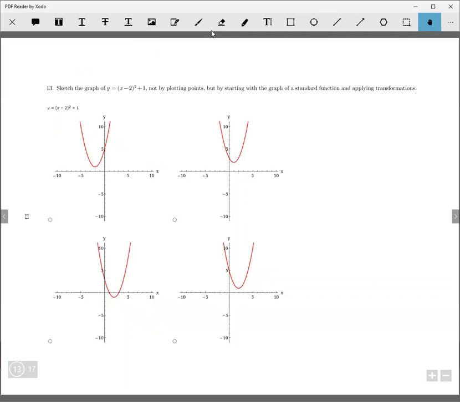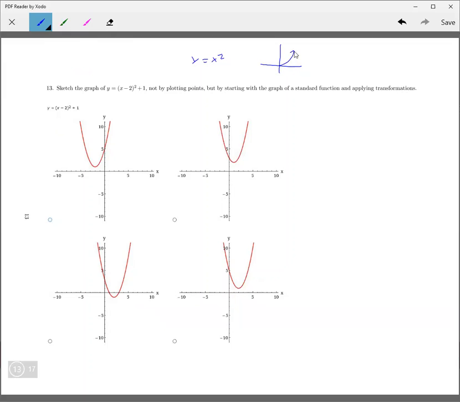Okay, number 13. The original y equals x squared is just a parabola that opens up from the origin, right? This part is going to move it left by, because it's inside, that's going to be left by 2. This is outside, so it's going to be up 1. The plus 1's outside, so it's up 1. Okay, I made a mistake.